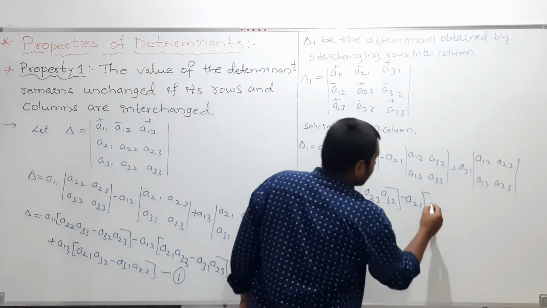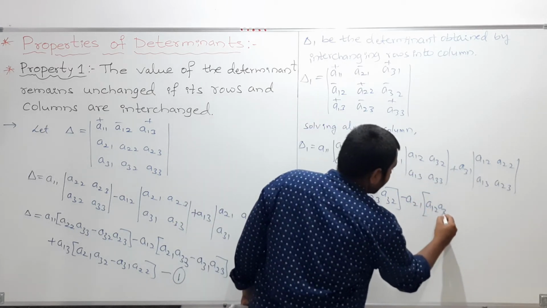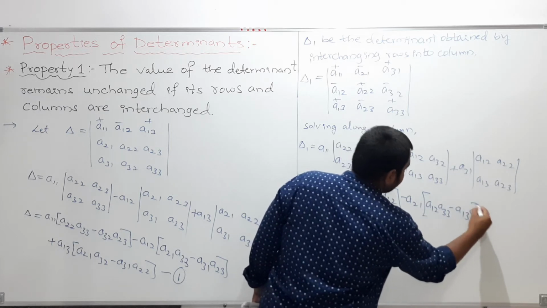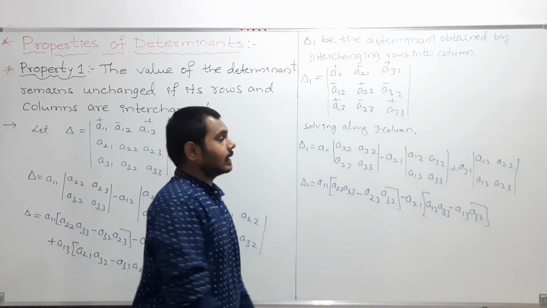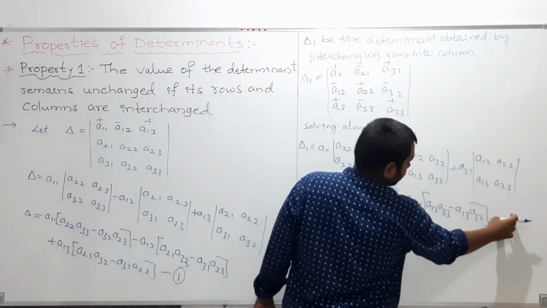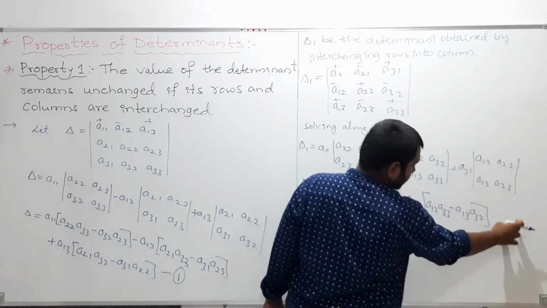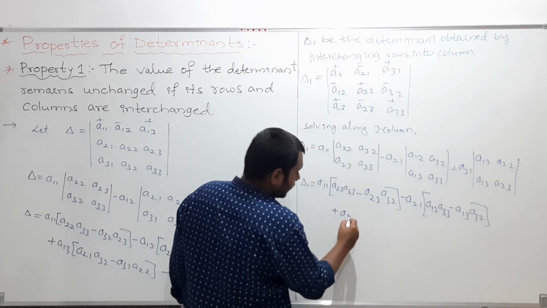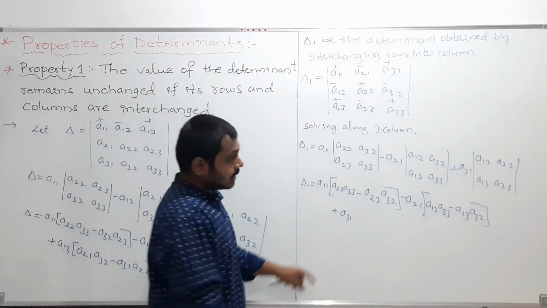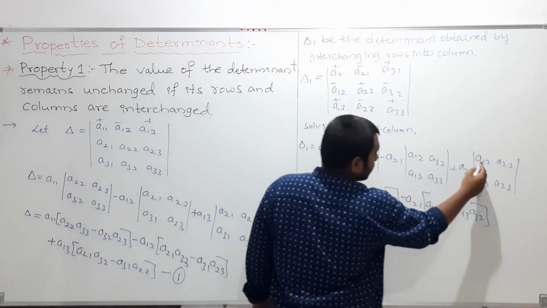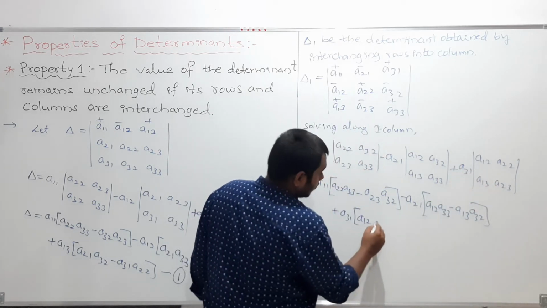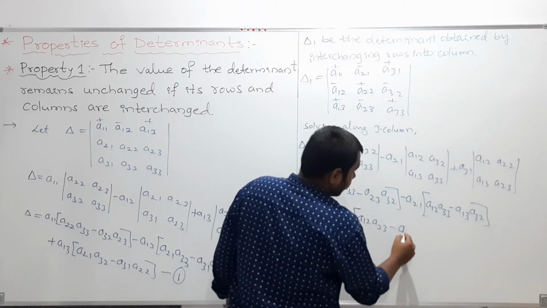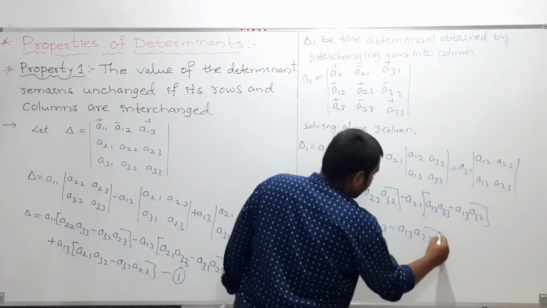Next, here it is A12 A33 minus A13 A32. Clear? And next, since there is not sufficient space, I will write in the next line: A31 into A12 A23 minus A13 A22.